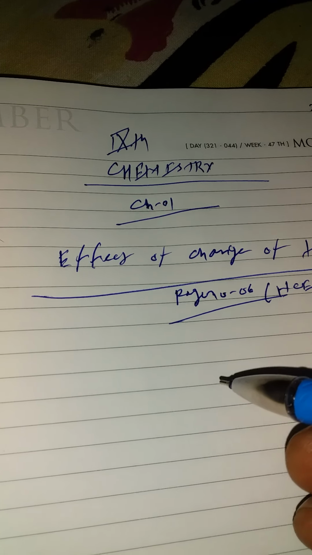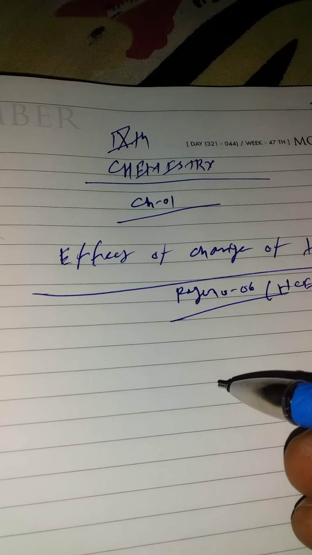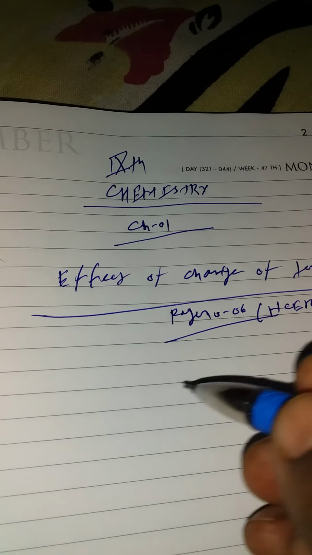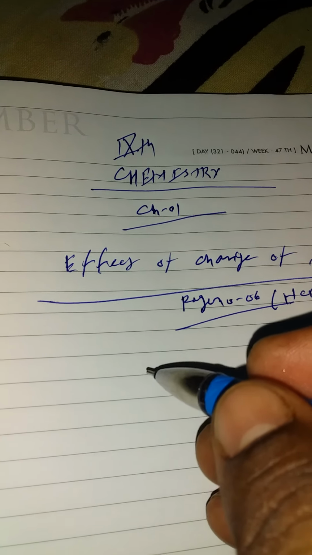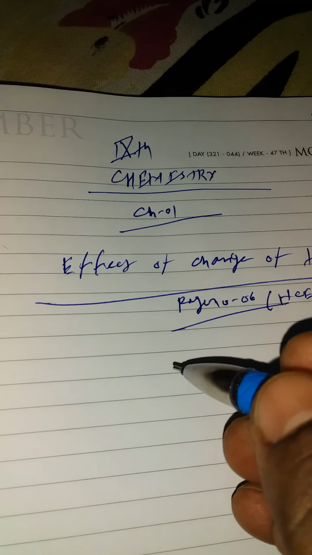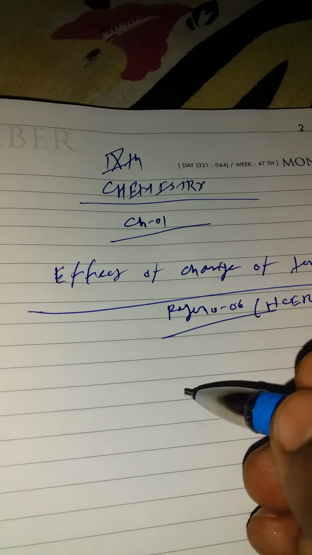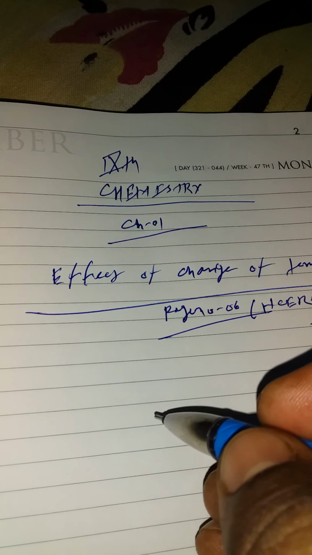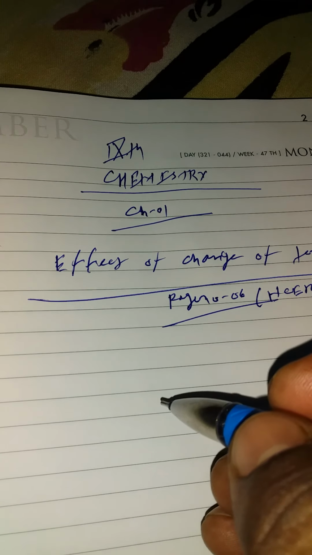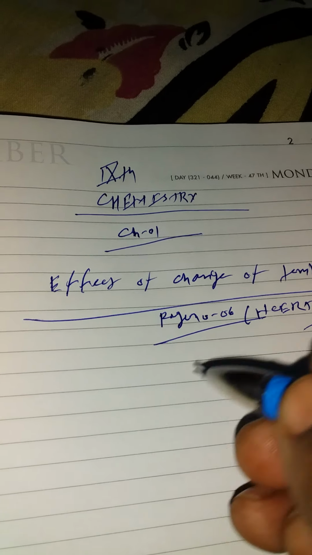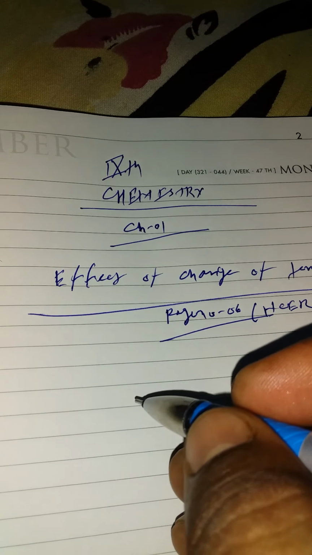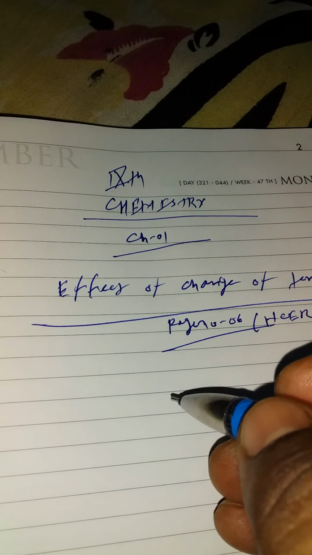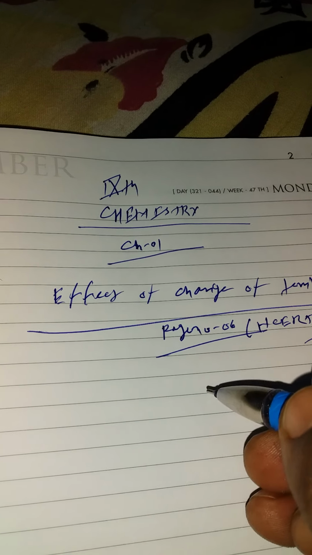Students, in the previous lecture we discussed whether matter can change its state and the interconversion of states of matter. On the basis of these lectures we know that by applying temperature and pressure we can change the state of matter.